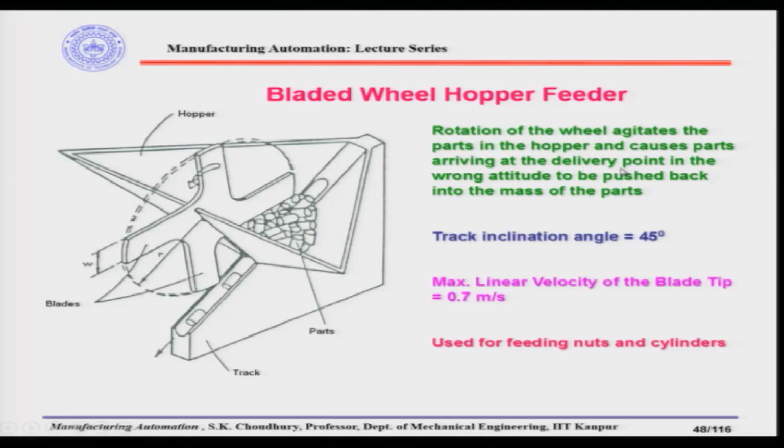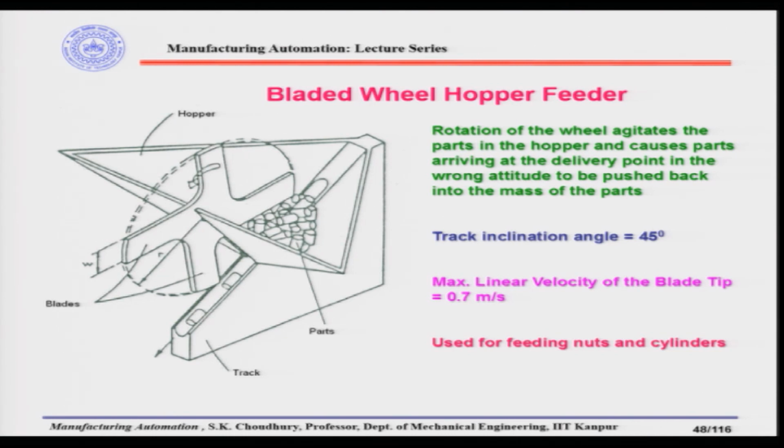Here if you read this, rotation of the wheel agitates the parts in the hopper and causes parts arriving at the delivery point in the wrong attitude to be pushed back into the mass of the parts. Because as I said, the silhouette or the shape of the track is the same as the shape of the part.